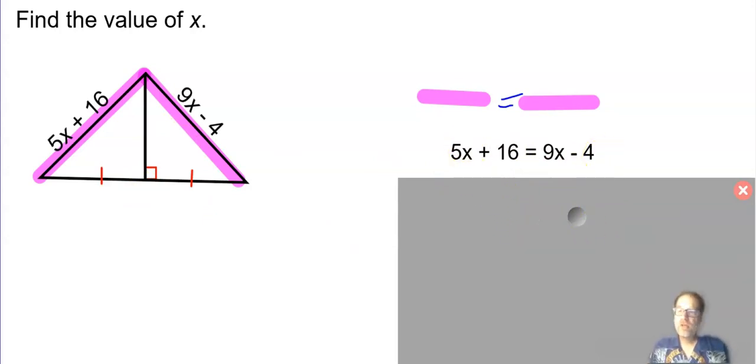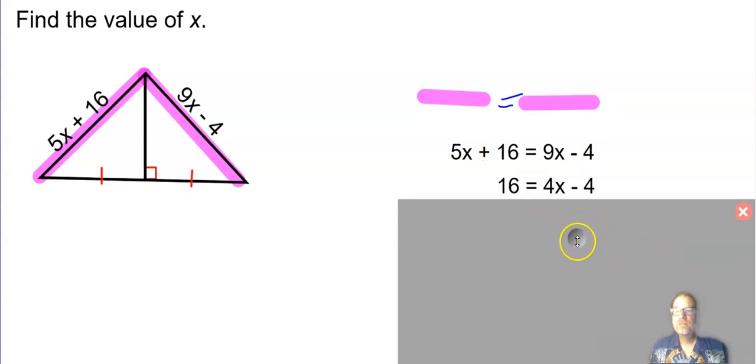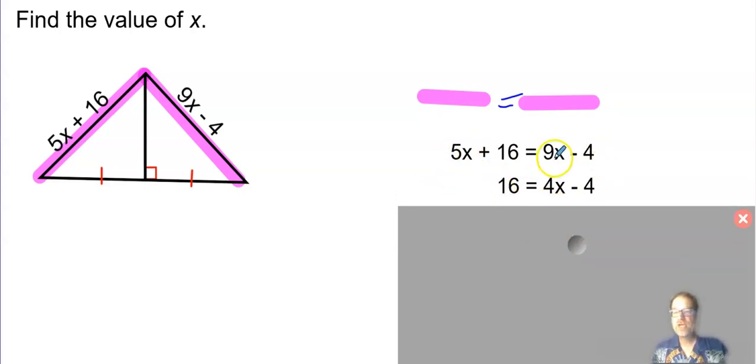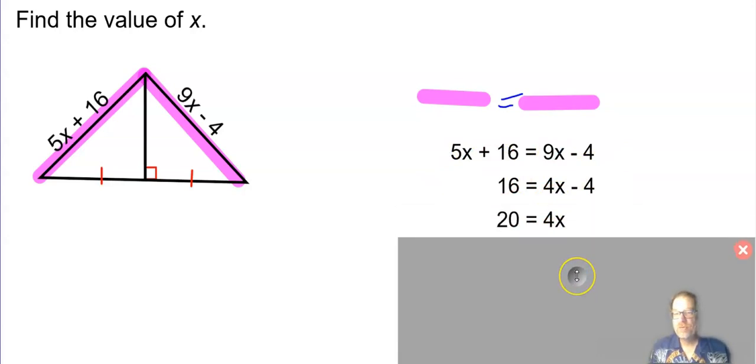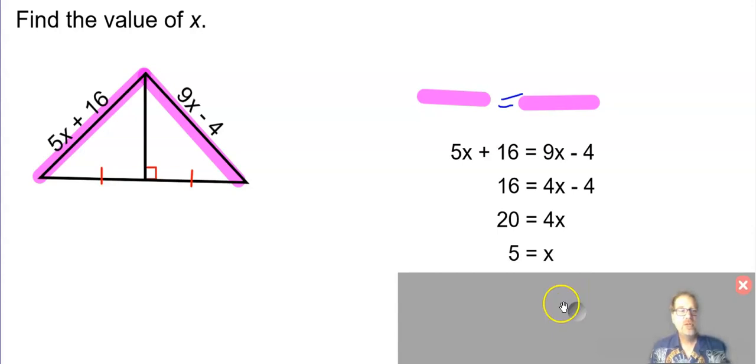I'm going to move the smaller x over by subtracting 5x from both sides. 9x minus 5x is 4x. Add 4 to both sides to get 20. Divide both sides by 4. We find x is 5, and they wanted the value of x, so we are done.